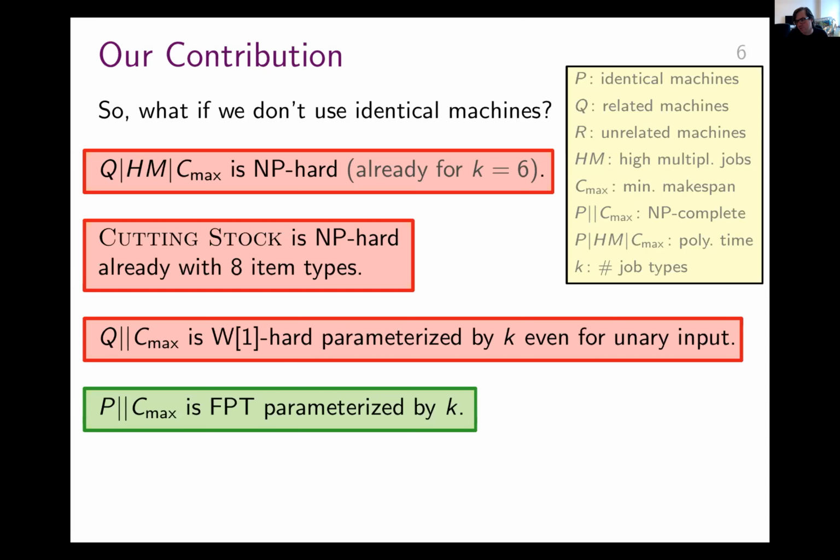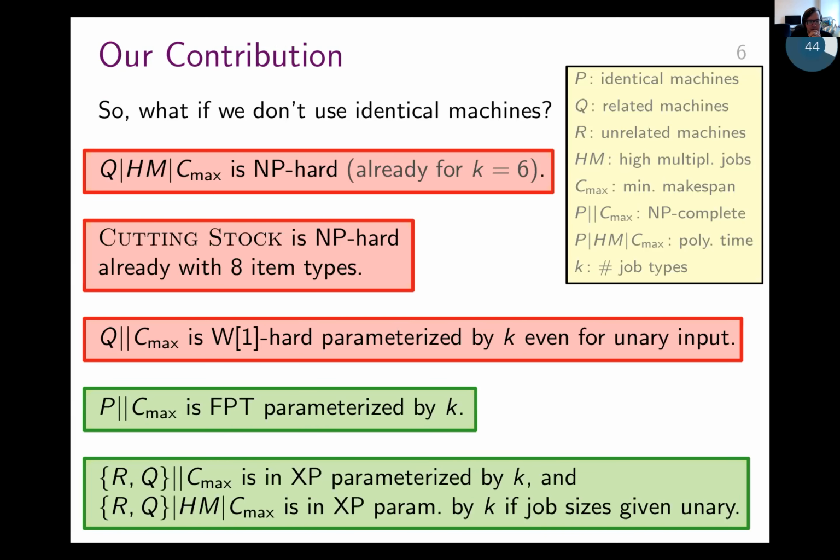But it wasn't known whether, if you have polynomially many jobs with sizes described as long numbers, this is FPT. So we actually show that it is. The proof is very simple, but it wasn't known before.